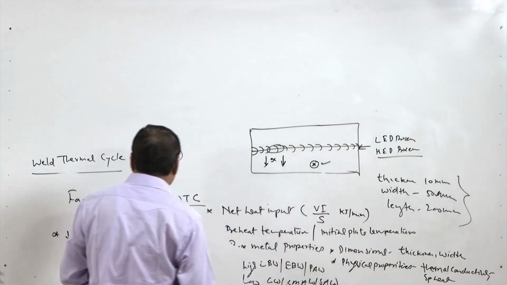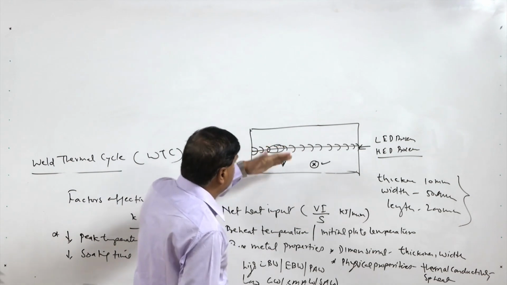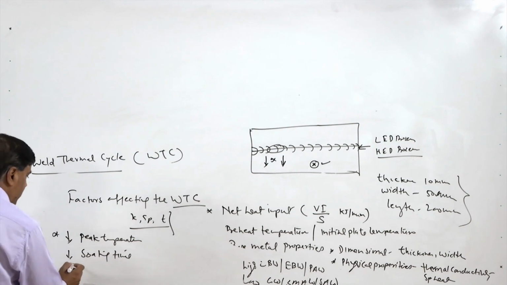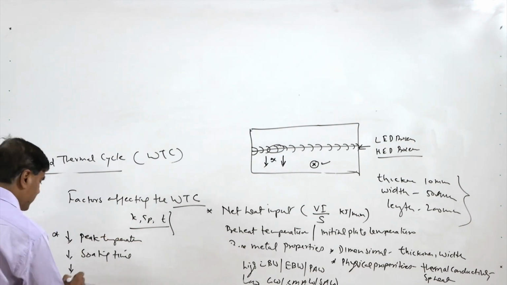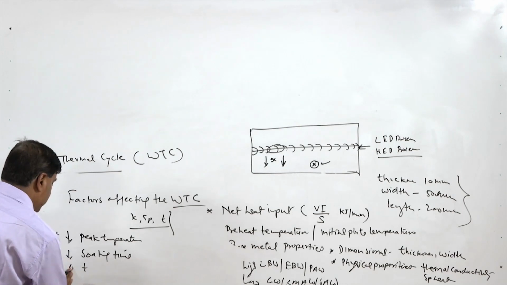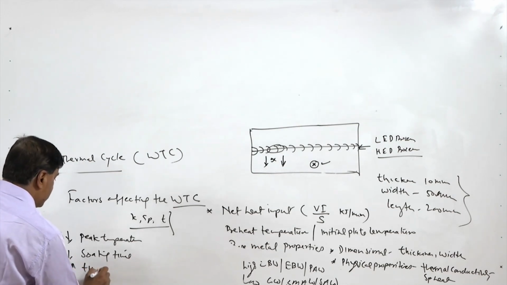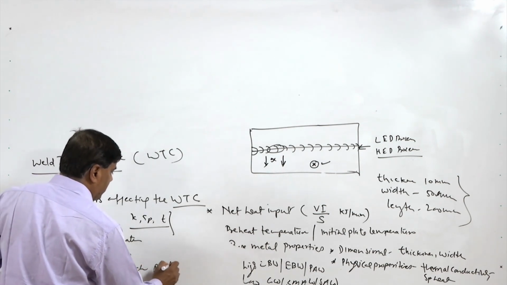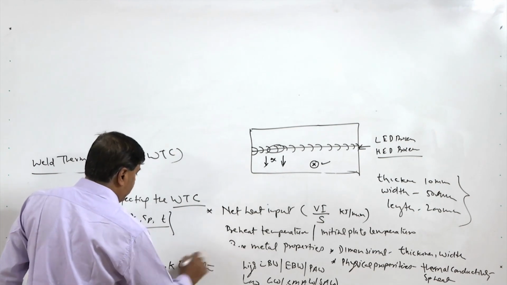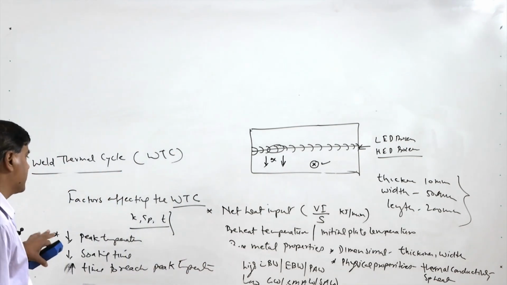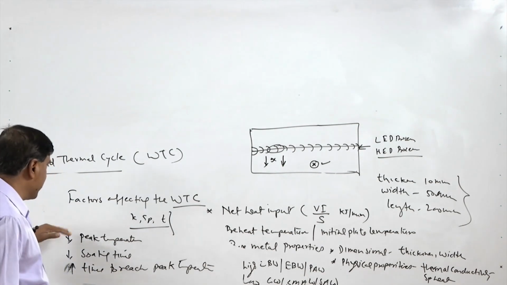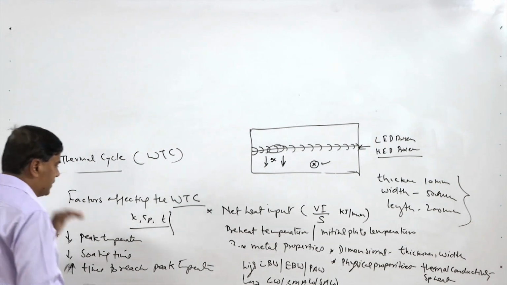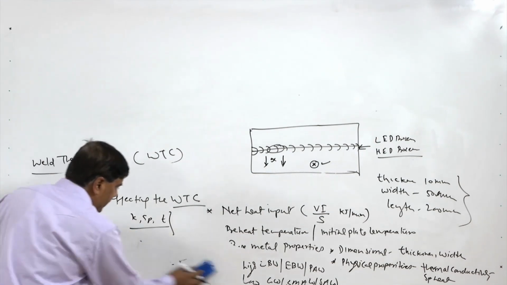So with the increase in thermal conductivity, specific heat or thickness for this particular point, the peak temperature will be reduced, soaking time will be reduced, and it will increase the time to reach peak temperature, and so on. Okay, so this is how we see that the weld thermal cycle is affected by the material properties in terms of the thickness and the thermal properties.